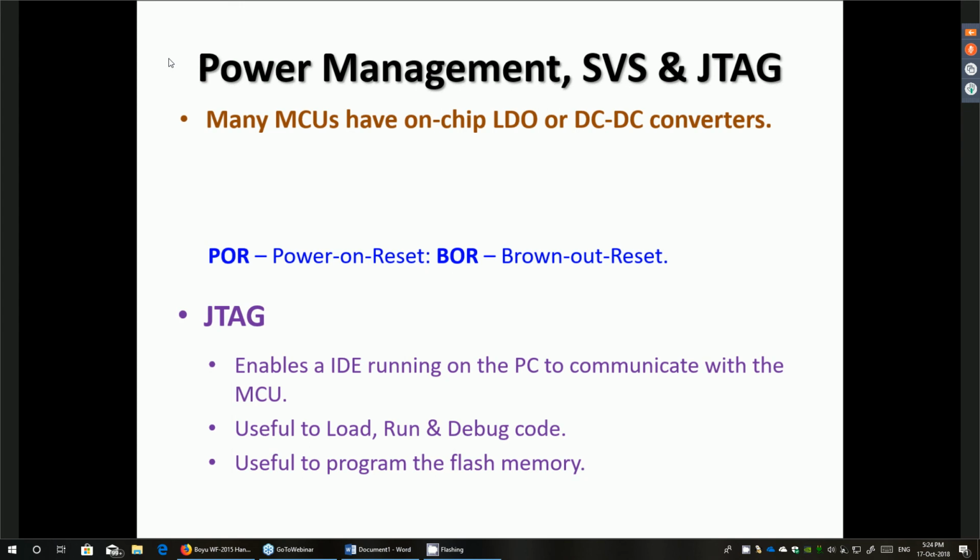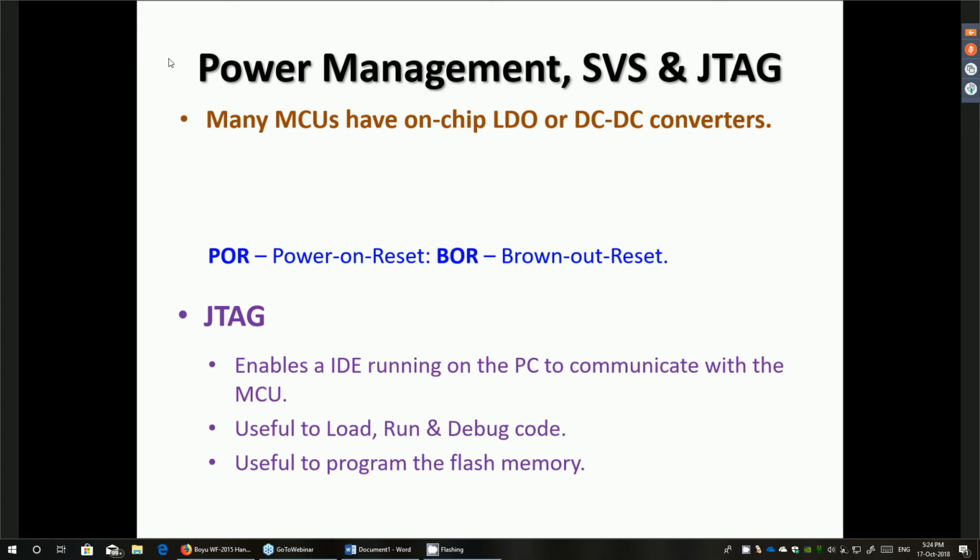Why is this needed? This is needed because typically modern MCUs operate with more than one supply voltage. The core, the CPU, may operate at one particular voltage, and the input output, the IO circuitry, which interfaces to the external world, operates at a different voltage.